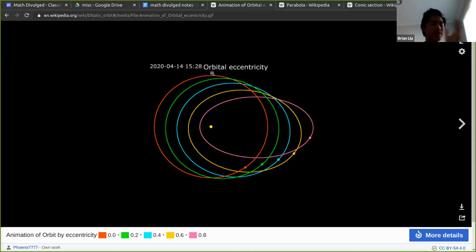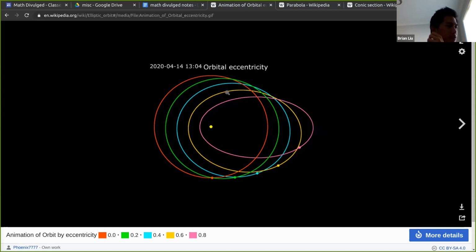So eccentricity is this other property of ellipses. It's something you can write in terms of the other stuff we've been talking about. So this is an ellipse with eccentricity 0. It turns out to be this red ellipse right here. It turns out to be a circle. And then if we have the eccentricity 0.2, we have this green ellipse right here. And then the more the eccentricity, the more we get to something like this.